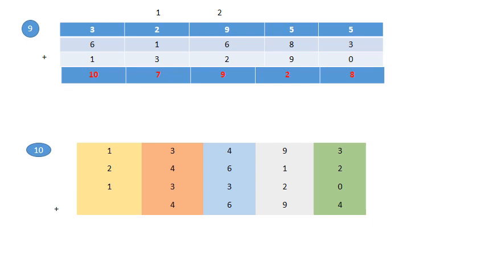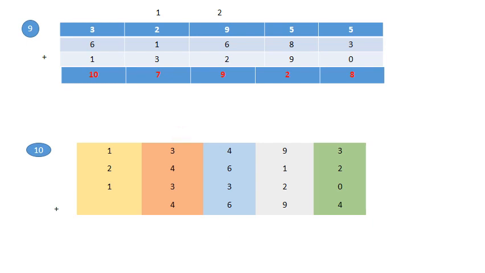So 1 will be here and 2 will be carried over. 6 plus 3, 9. 9 plus 6, 15. 15 plus 4, 19. And 19 plus 1 will become 20. 2 carried over, and 0 here. 2 will be carried over and 0 you will write down here.